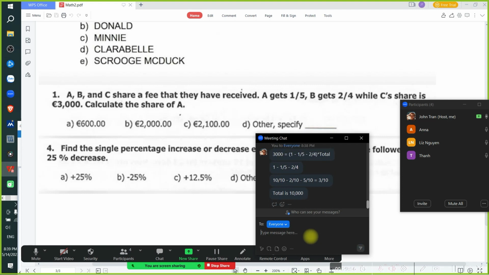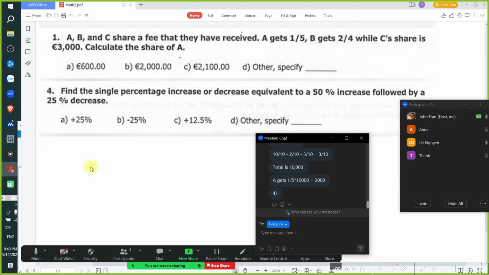If 10 out of 10 is 10,000, A gets a fifth of that. So a fifth of 10,000 is 2,000, isn't it? Okay, there are other ways you can do it, but as long as you get to B it is okay.